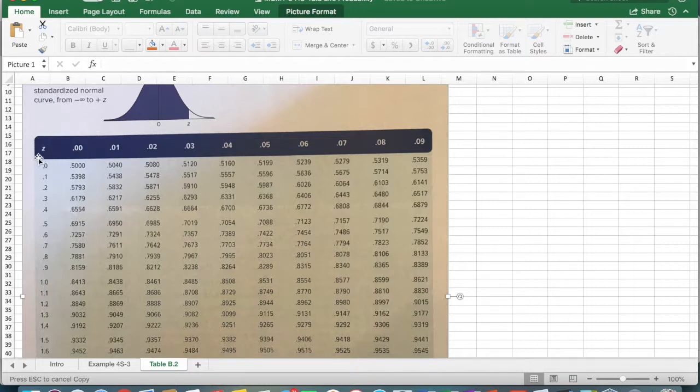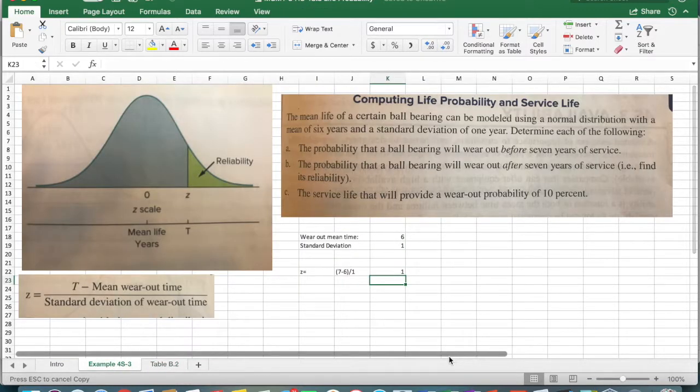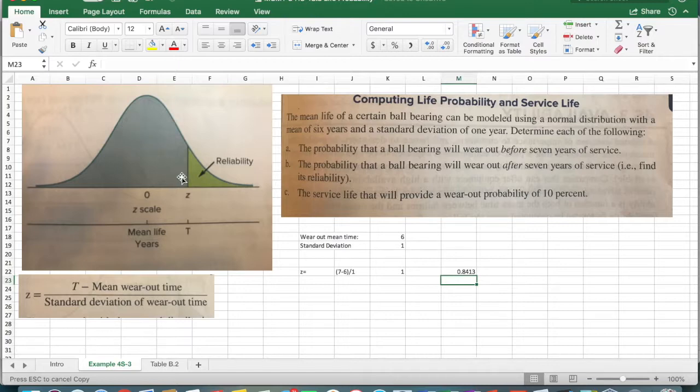Find Z, go down here, and 1.0. So that area is 0.8413. That means that the area under this curve is 0.8413.